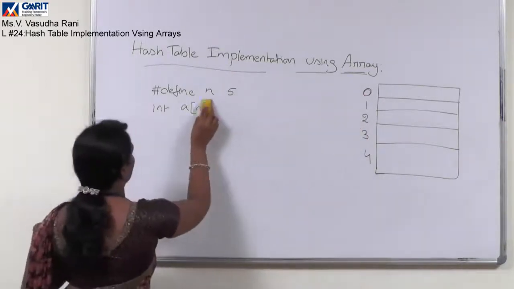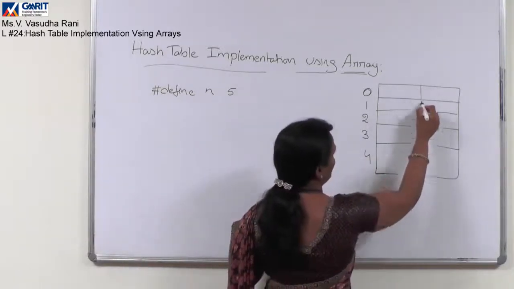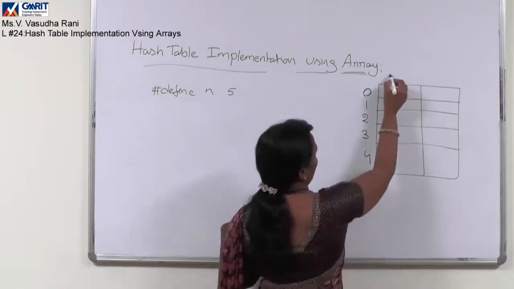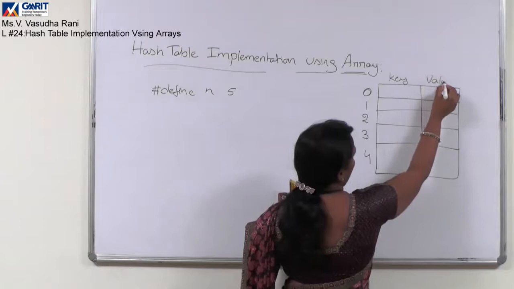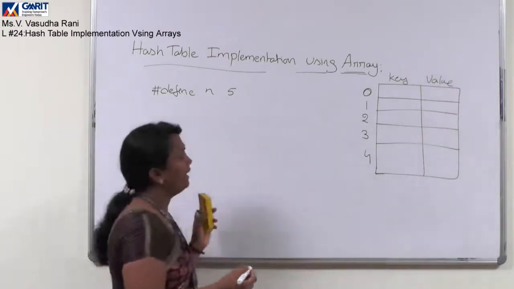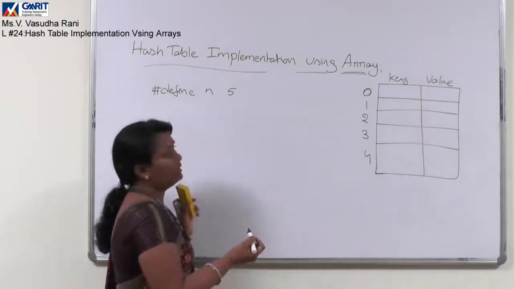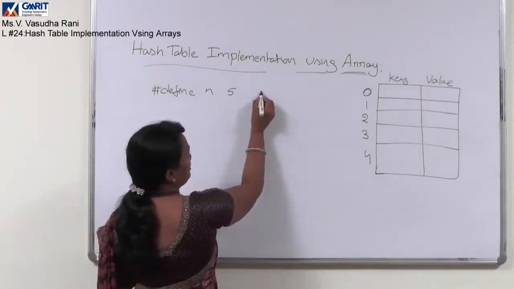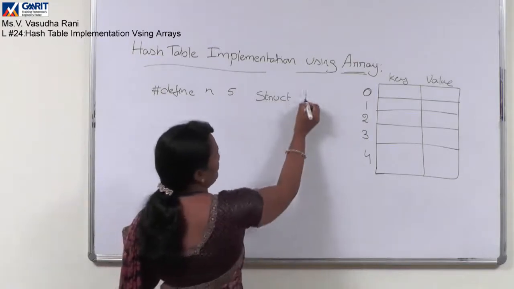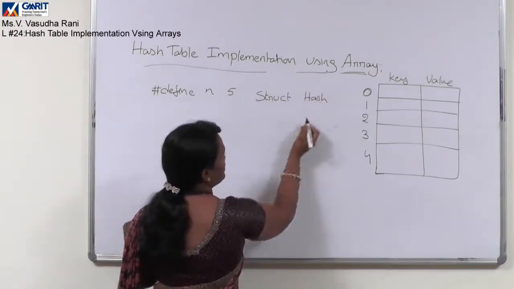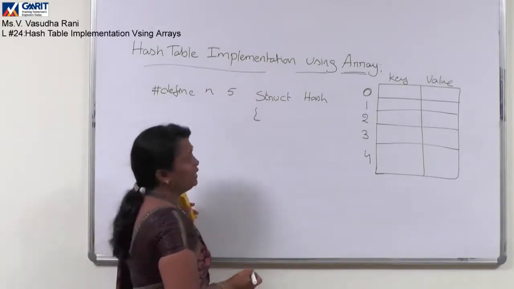It is not declared as a type of integer, because this array has to be defined with a particular structure. So here we need to get this key and value, so this sort of structure we have to define. For that, let us see struct hash table, and in this structure how many columns do we need?